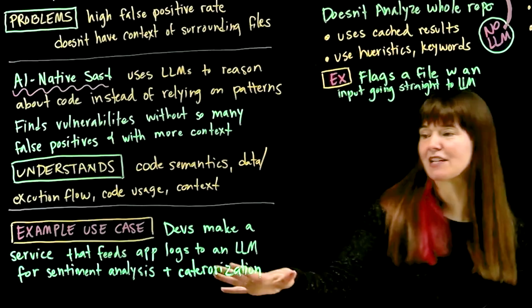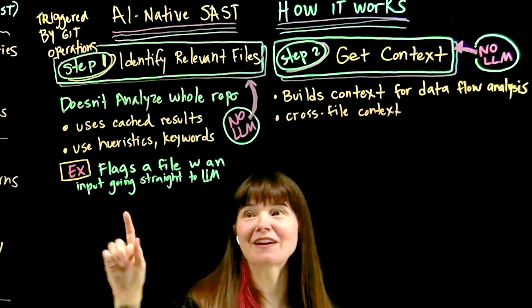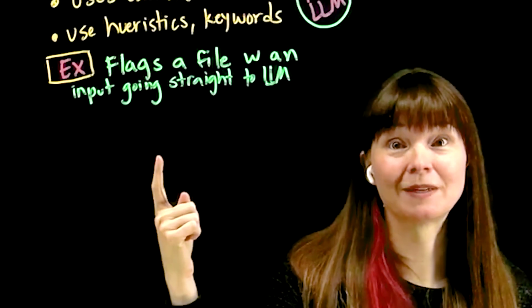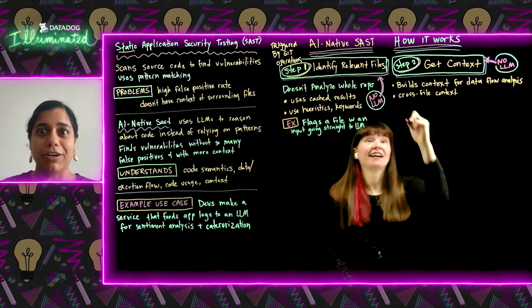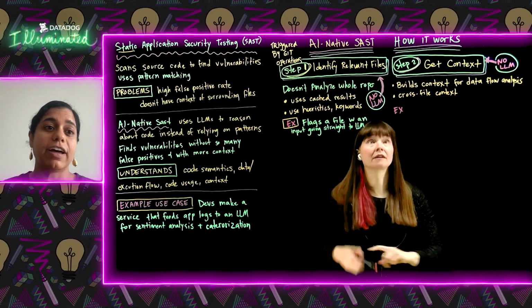We have the dev speak as a service that feeds app logs to an LLM. When AI native SAST hears about it, it's like, oh, hey, the LLM has an input that we don't know where it came from. So step 2 is all about asking, where is that data coming from? We identify all of the places where that variable passes through, and we gather the files themselves.